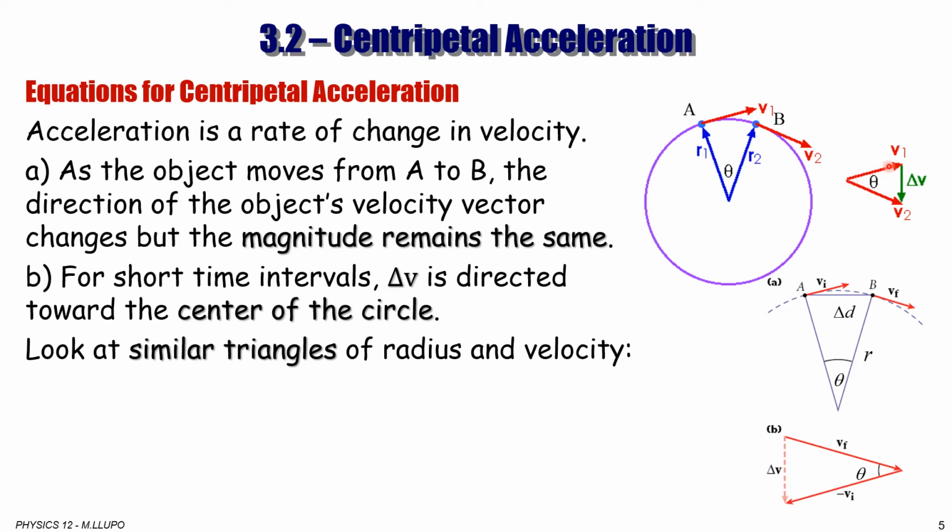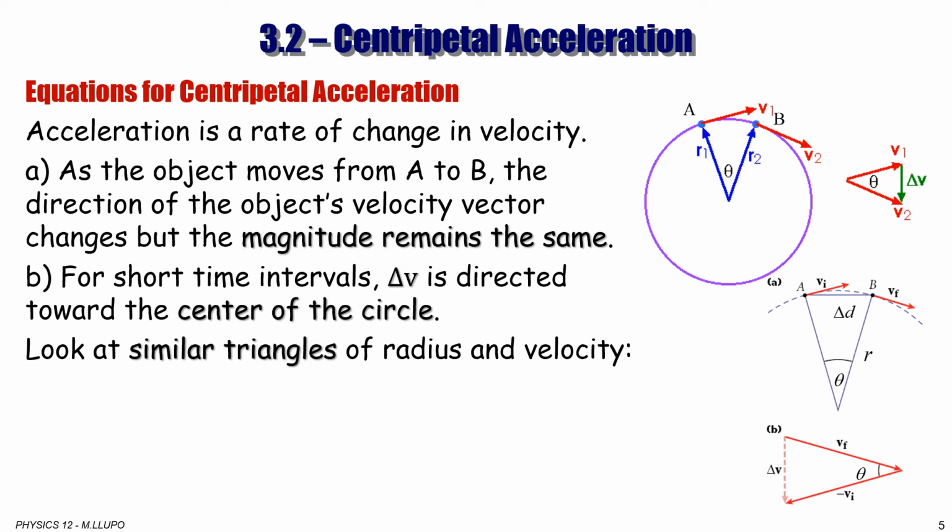This is initial velocity, or velocity 1, and this is final velocity, or velocity 2. But we said already the magnitude of the velocities is the same. So the magnitude is always unchanged. So this triangle has two sides that are equal. The angle between those two sides is the same as well. Why?